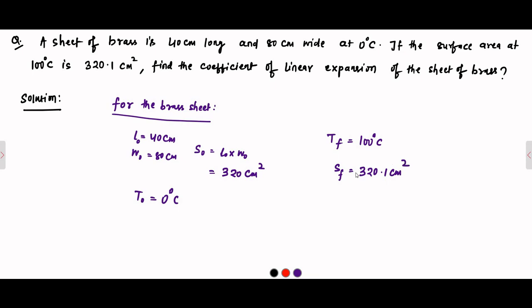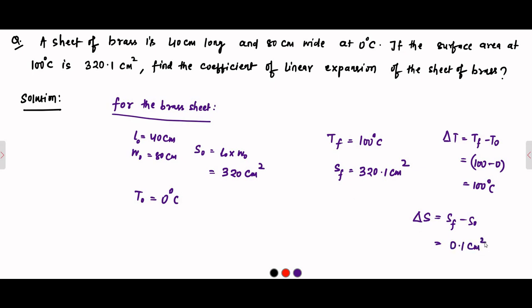Here the change in temperature, Tf minus T0, final minus initial temperature, is equal to 100 minus 0, which is equal to 100 degrees Celsius, and the change in surface area, delta S, is equal to Sf minus S0, final surface area minus initial surface area, that is 320.1 minus 320, that is 0.1 centimeter square.